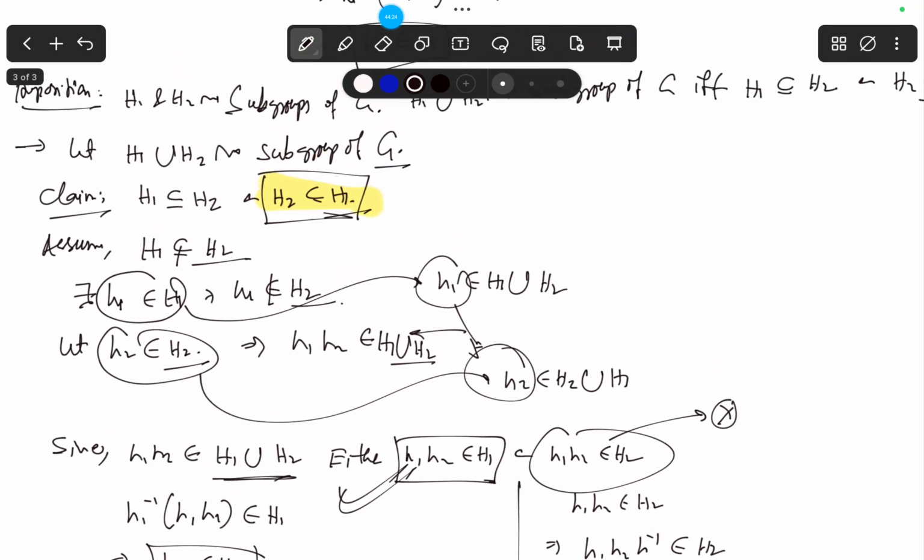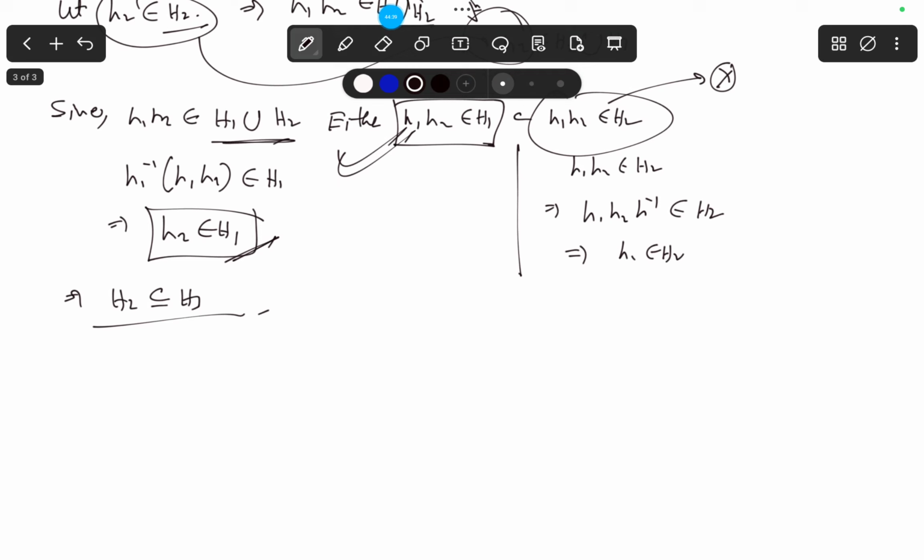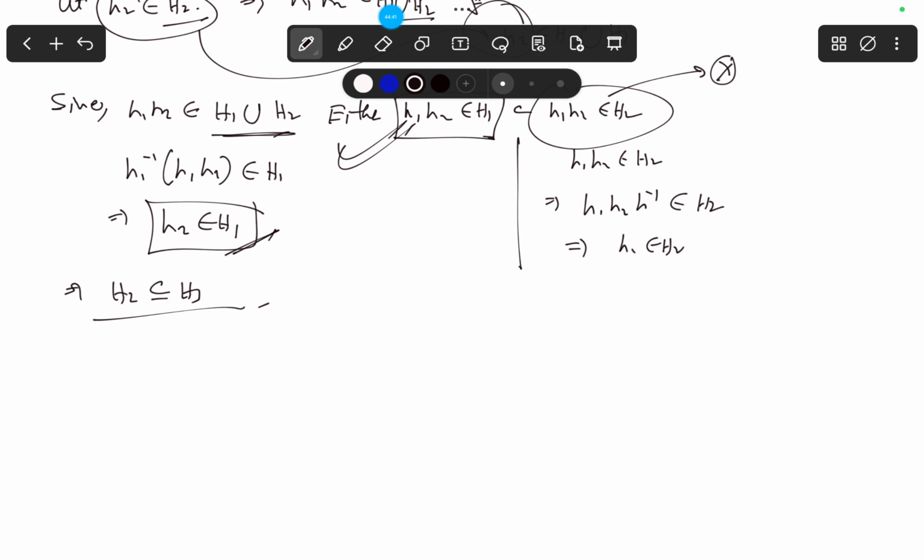Similarly, if we would assume that H2 is not a subset of H1, then from here we could prove that H1 has to be a subset of H2. So our forward case is done. Now the converse is very easy.